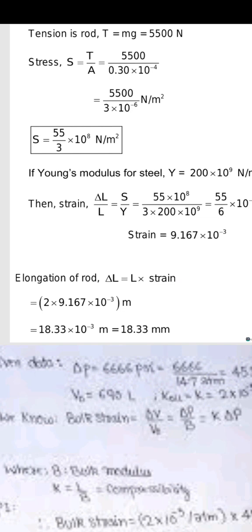We converted the 200 centimeters to meters, which gave us 2 meters, multiplied by the strain, which we found to be 9.167 times 10 to the power negative 3. So our change in L will be 18.33 millimeters, or 18.33 times 10 to the power negative 3 meters.